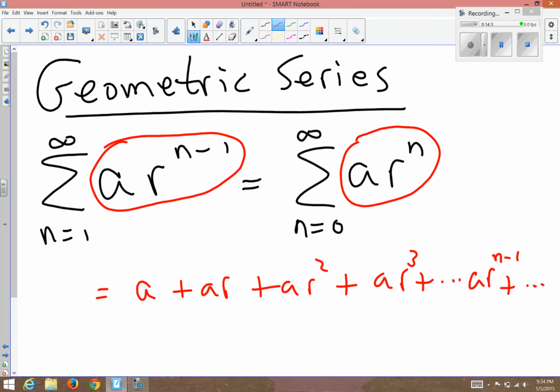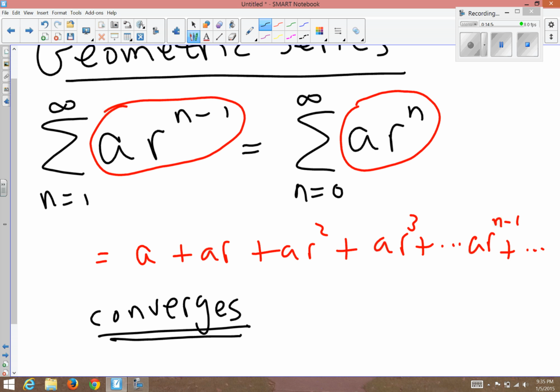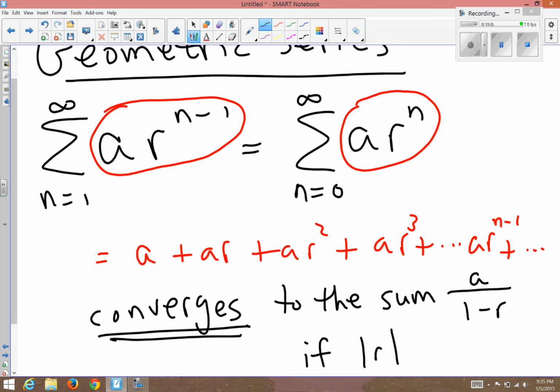And we need to learn or remember from pre-calculus, a geometric series, which looks like this, or this, or this, converges to the sum a over 1 minus r if the absolute value of r is less than 1.